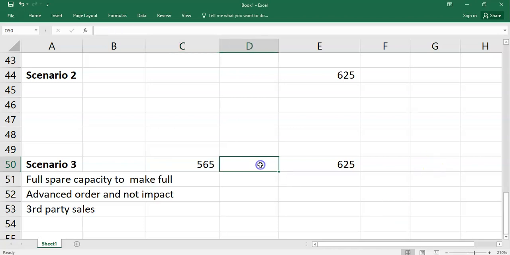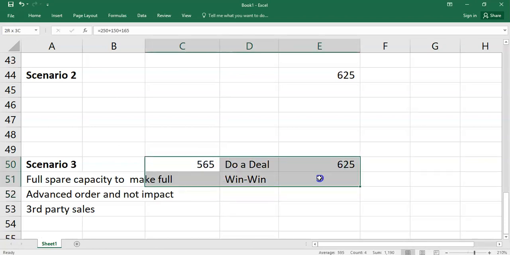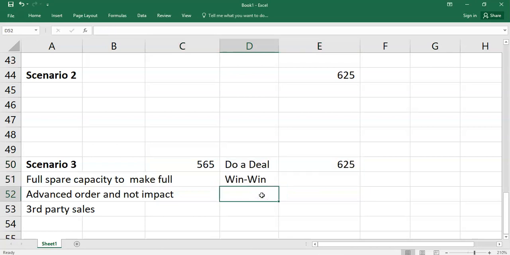So any price here, we'll say do a deal. Any price between 565 and 625 that's set between Basic and Advanced is a win-win. So say, for example, now you don't have to do this, but this is for tutorial, say the price is set at 595, just as an example.